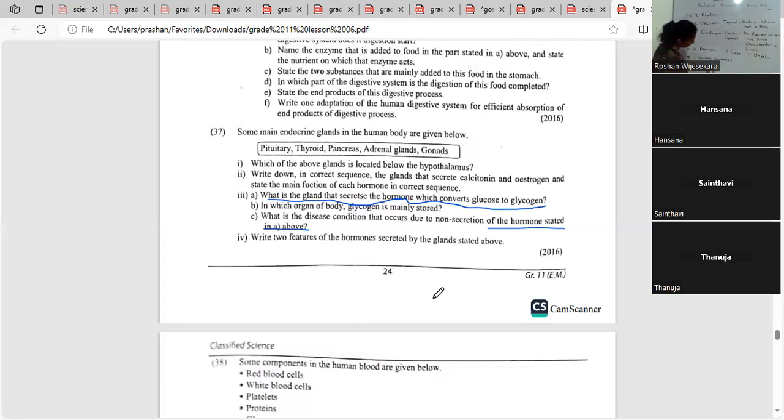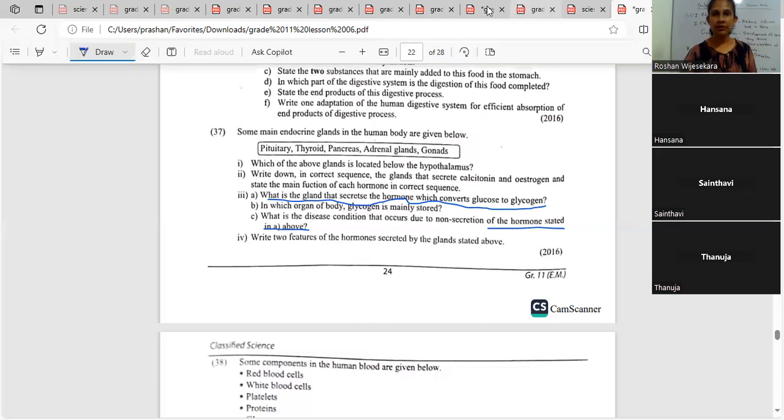Those are the features of hormones. Those are the correct answers.